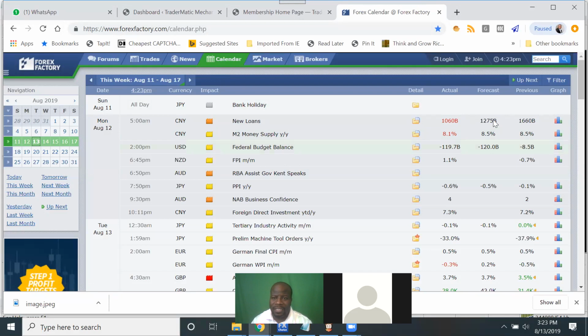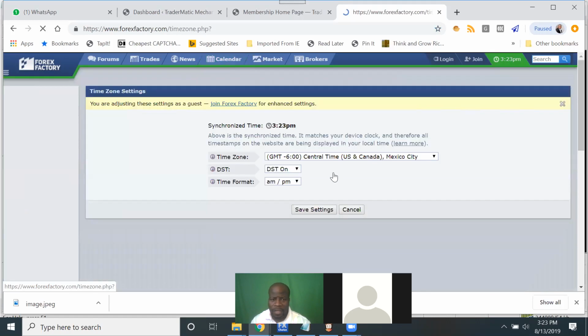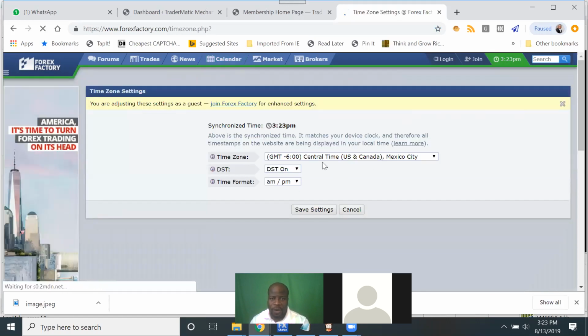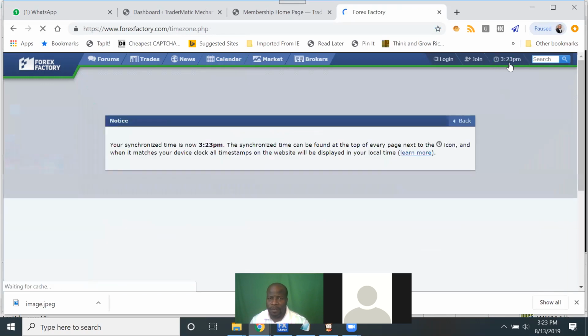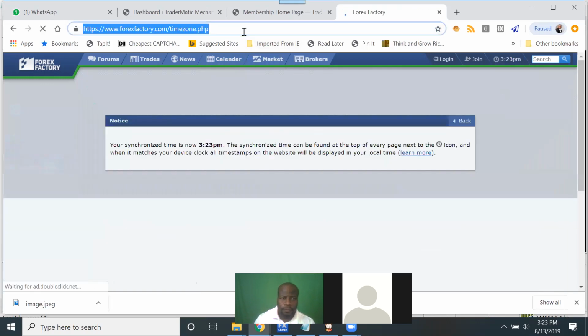Then you filter this. You set it according to your time. For example, this one here, this is not the laptop I normally use. So this one, as you can see, the time here is 3:23. So save settings right there.